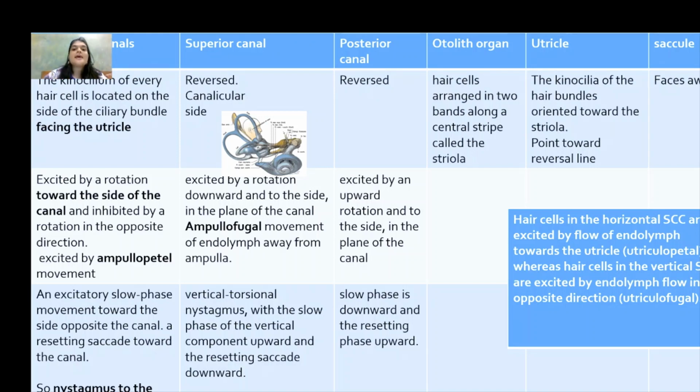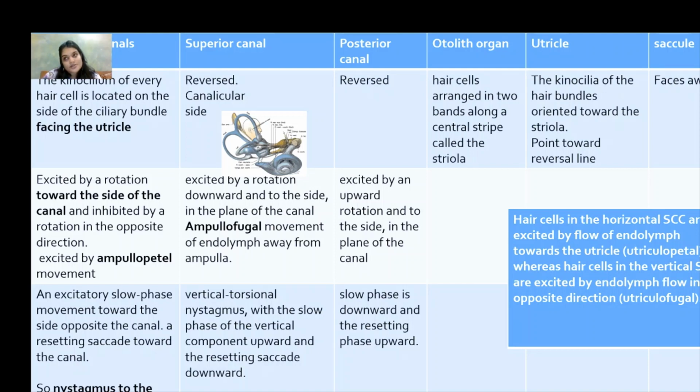And in the superior and posterior canals, the location is reversed. The kinocilium is located on the opposite side, not facing the utricle. So a superior canal is excited by a rotation downwards and to the side, an ampulofugal movement.